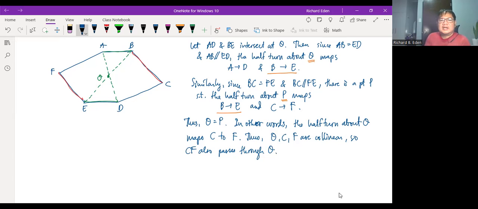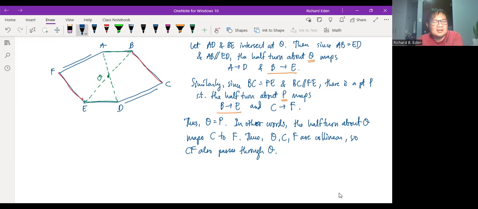Parang hindi na natin dito nagamit the fact that AF and CD are parallel and congruent. But you know what? Just using the fact that AB and ED are congruent and parallel, and BC and FE are congruent and parallel, let's say po sa octagon, you could prove the entire hexagon and then not prove the two other sides.